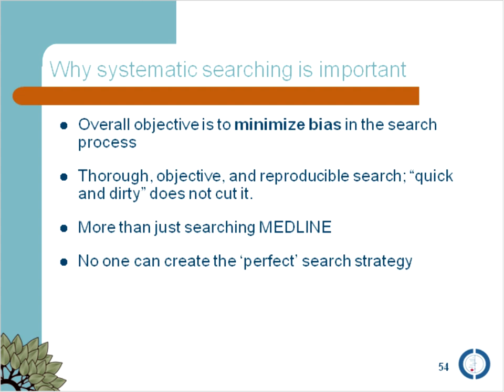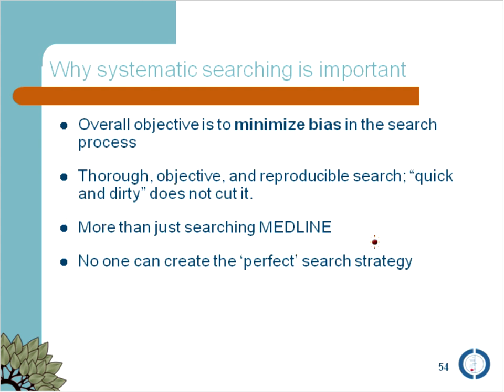We want to be able to minimize bias, and publication bias is just one example of a number of other biases that could be taking place. So you need to have a thorough search. It needs to be, as I mentioned earlier, explicitly outlined, such that if someone reproduced what you did, they should come up with more or less the same results. It is more than just searching Medline.